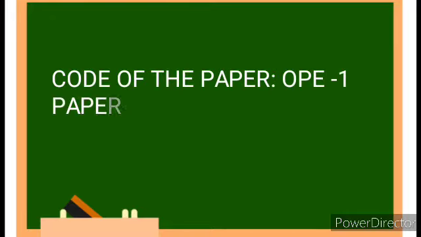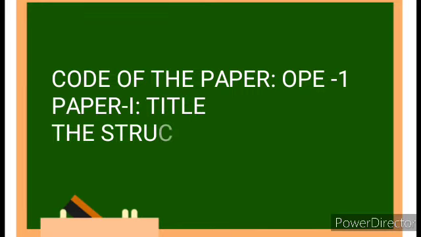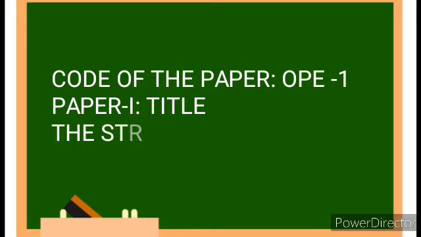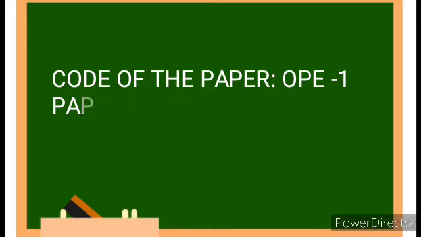This paper is for 50 marks, which is further divided into 2 parts for 20 and 30 marks each. The first part is on phonetics, whereas the second part is on grammar.